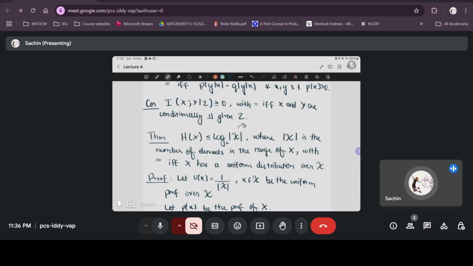The entropy will always be less than or equal to that number of bits. So what it means is you can't do worse than just simple block coding.